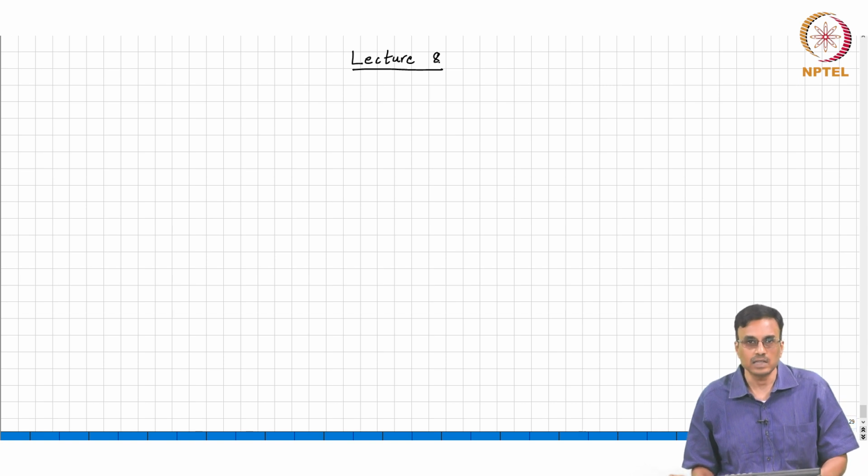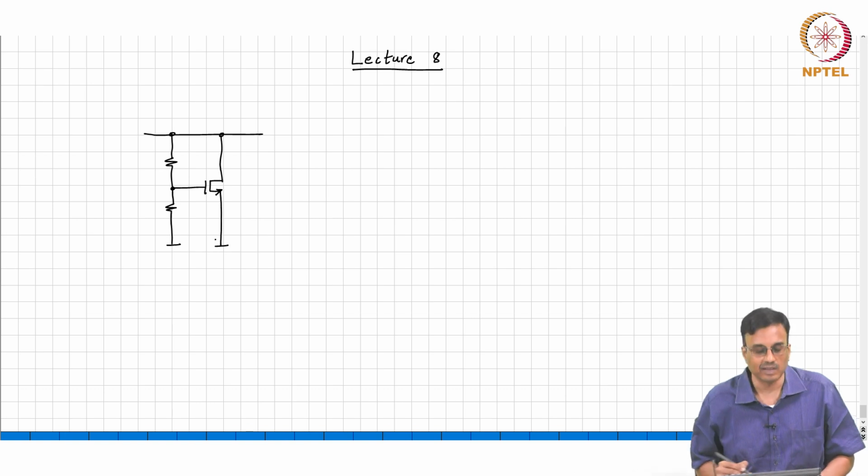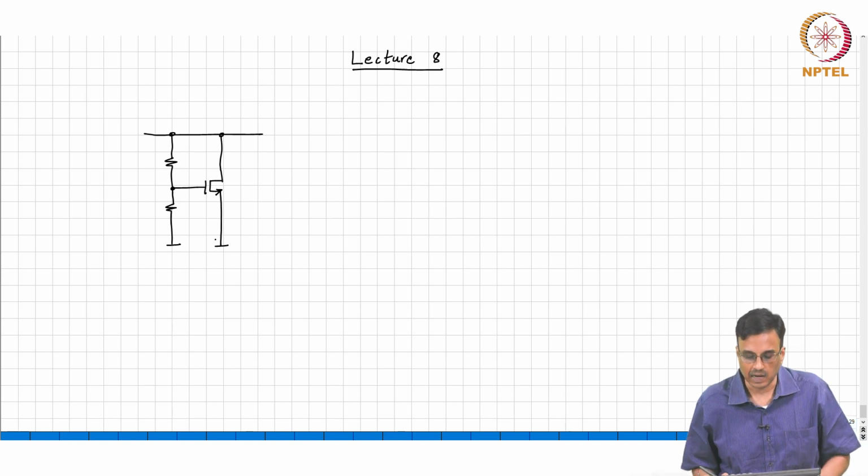This is lecture 8. In the last class we were discussing the practical problem of biasing a transistor with a gate source voltage. So, what we had was something like this. Again, as far as the biasing is concerned, the resistor in the drain is of secondary consequence.